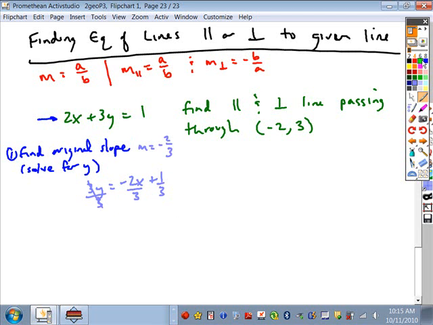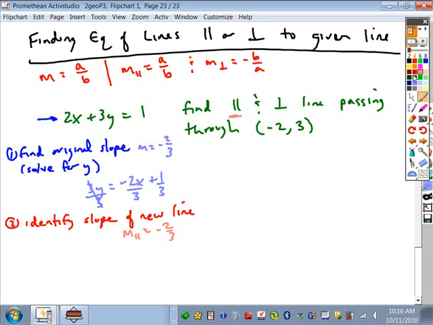Okay, once we find our original slope, you can now identify the slope of your new line. Okay, so in this particular case, our new line is, let's do parallel first. What's the slope of a parallel line going to be? Same thing, negative 2/3.